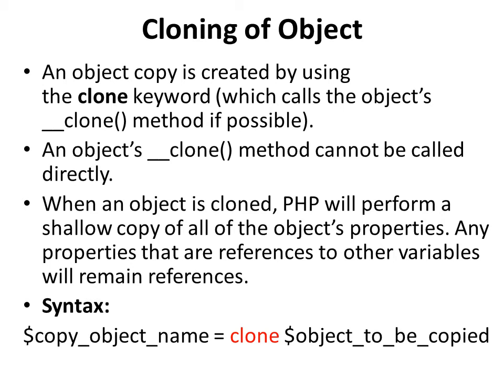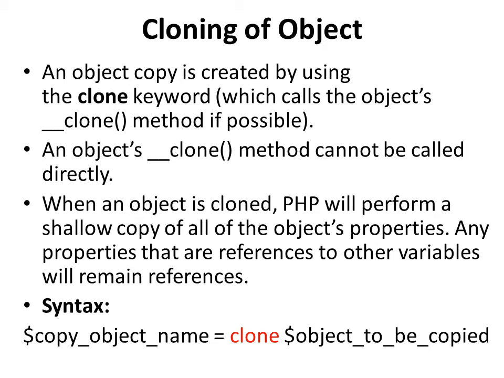Another concept in PHP is cloning of objects. Cloning means creating a copy of a particular object. To create a copy of that object, we use the keyword clone. There is also a method underscore underscore clone, which can be called, but that cannot be called directly to create a copy of the object.